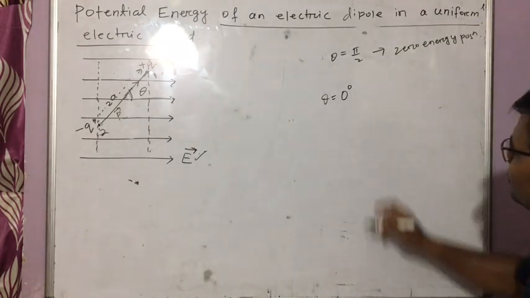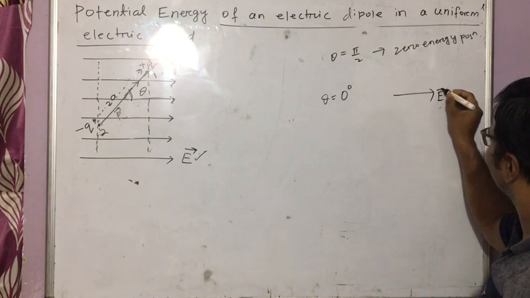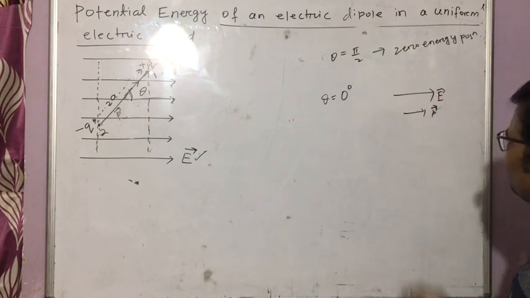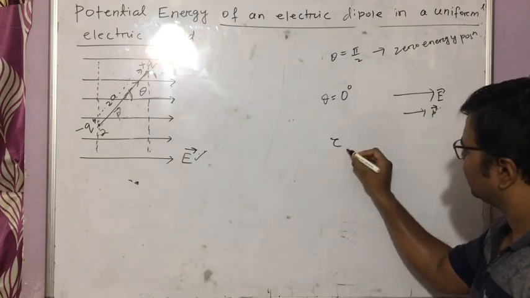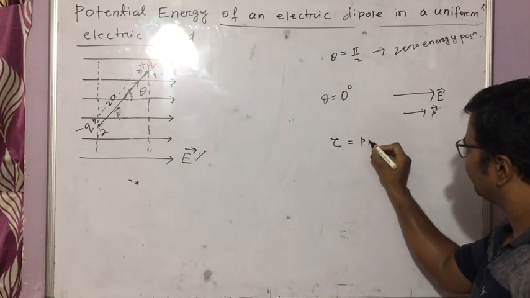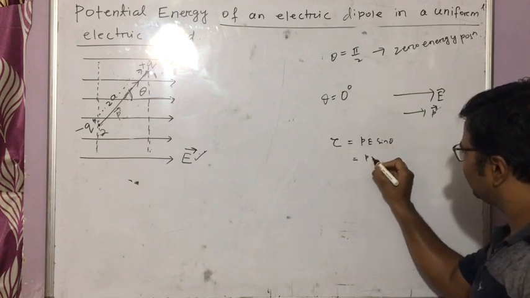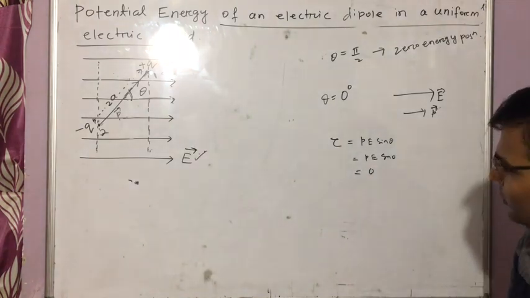Now let us discuss theta is equal to 0 degree. If theta is equal to 0 degree, it means the electric field and dipole moment are parallel to each other. At this position, the torque on the dipole is PE sin theta, which is PE sin 0, which is equal to 0.